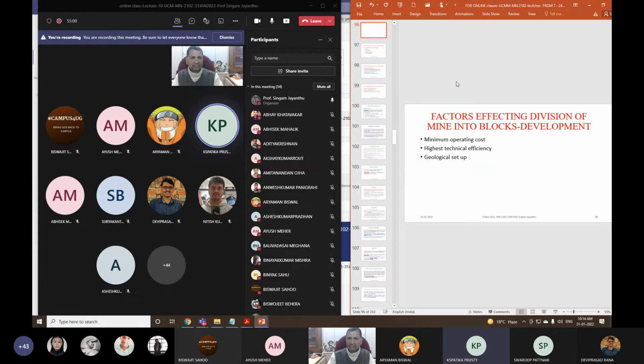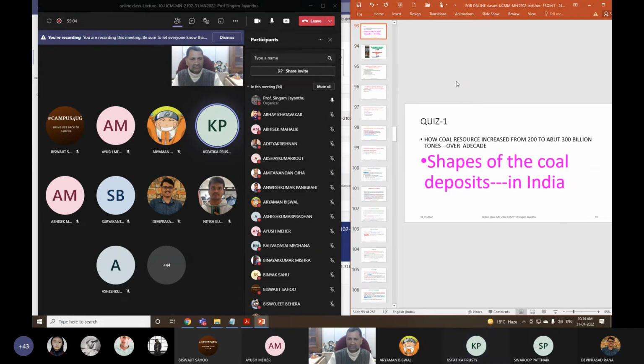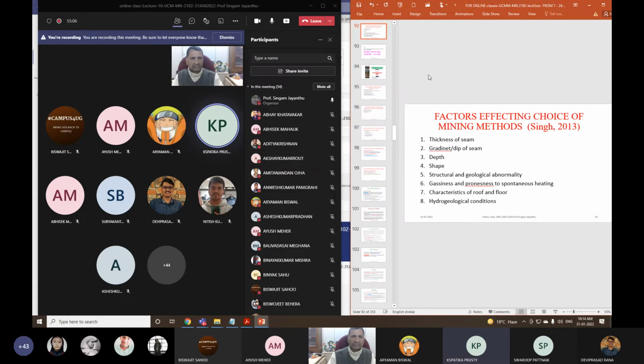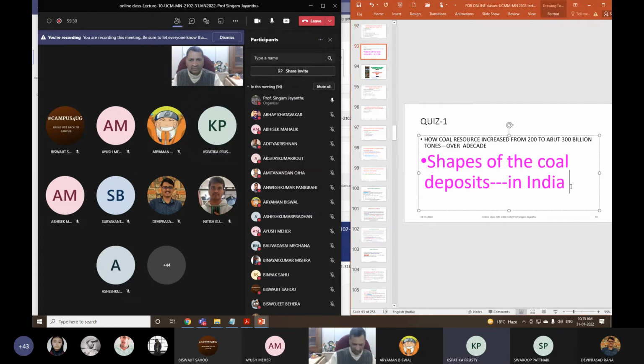The factors which influence the choice of mining methods are the thickness of the seam, the gradient of the seam, the depth of the seam, and the shape. We discussed these four factors today. We started with the thickness of the seam. The thickness of coal seams varies from a few centimeters to several meters.